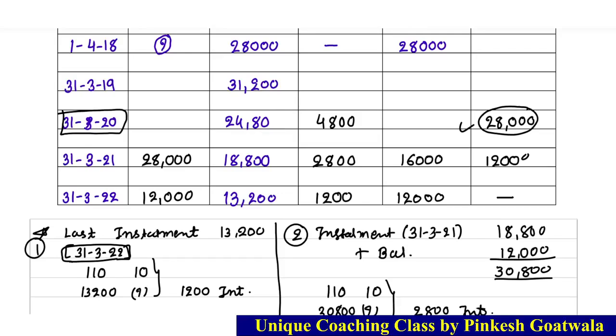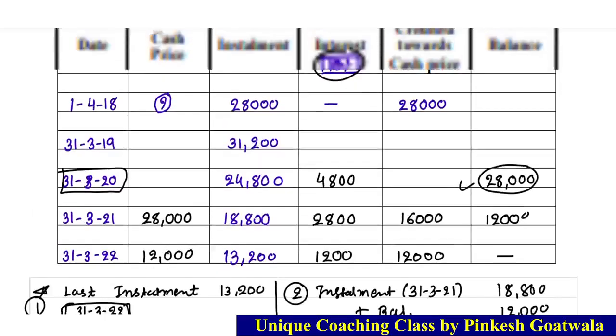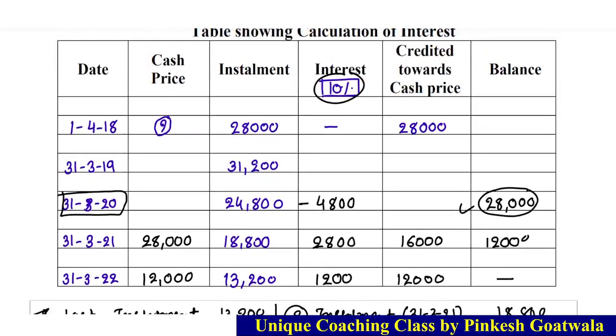Now we know this: from the installment we will subtract the interest. So you will get the payment here. Okay, and next, how will we get the balance? We have to total both of these.